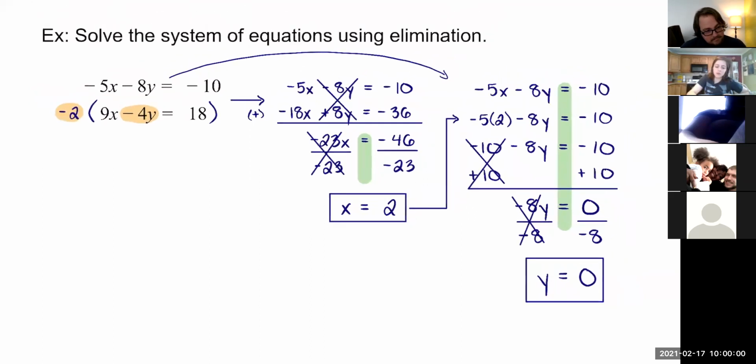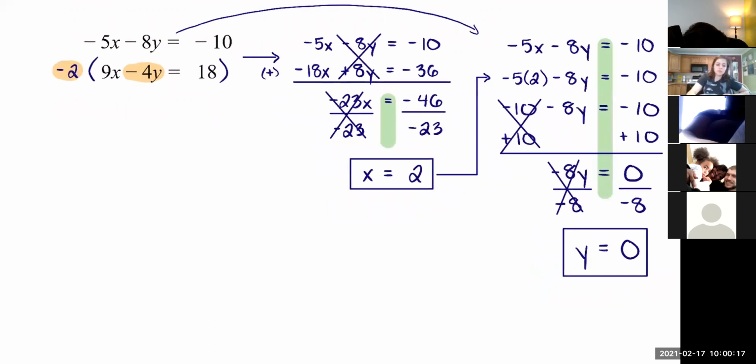So I have a question. If we would have chosen the bottom one, would it be the same exact answer? You know what? That is a great question. Let me run through it real quickly to prove it to you. You don't have to write this down if you don't want to, but let's say hypothetically we took the 9x minus 4y equals 18.